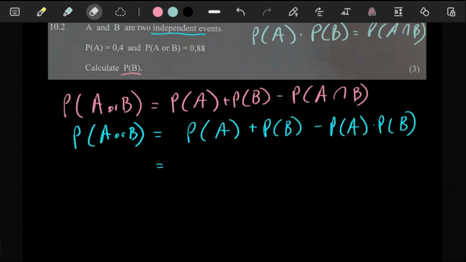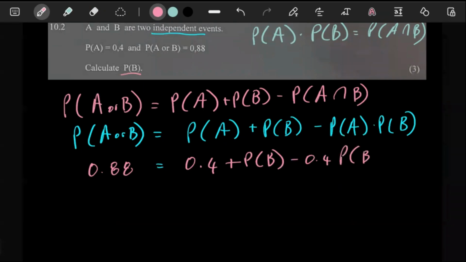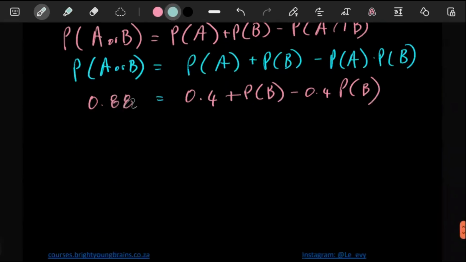But anyways, let's put in numbers then. The probability of A or B is 0.88. Probability of A is 0.4. Probability of B, we don't know. Probability of A, 0.4. Probability of B, we don't know. So since we're working out the probability of B, this can go over: 0.88 minus 0.4. What do we have? It's 0.48.